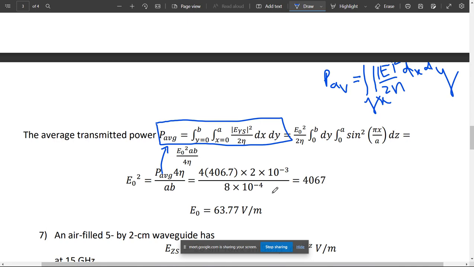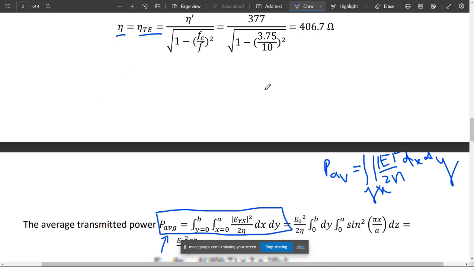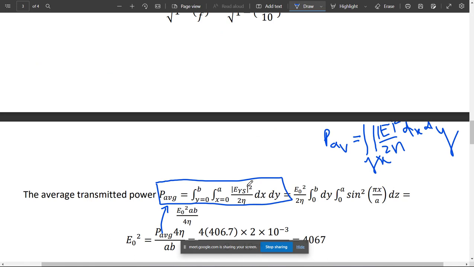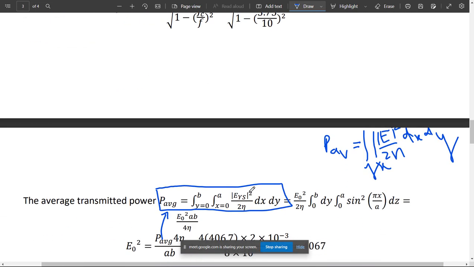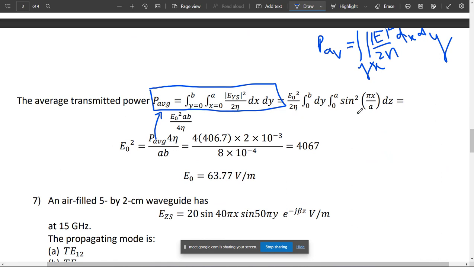The EY value is minus j E naught sine of pi x by A into E power minus j beta z, but here we are not substituting E power j beta z. Here we are only substituting sine, because magnitude is asked now. The E power term is for the phase, and this is for the magnitude. So that's why we are putting this. Okay, thank you, madam.